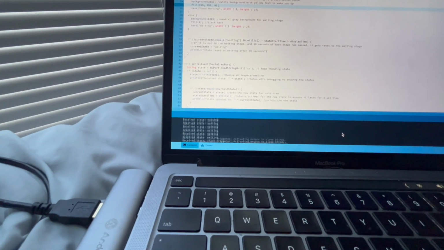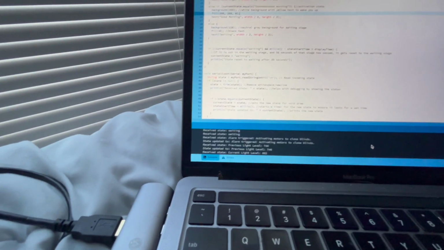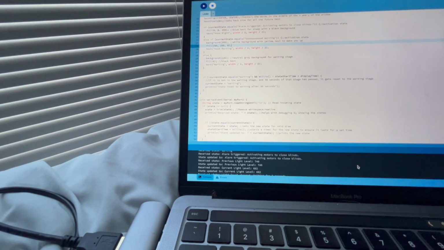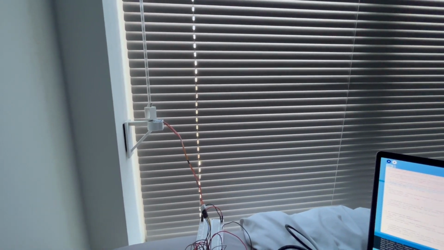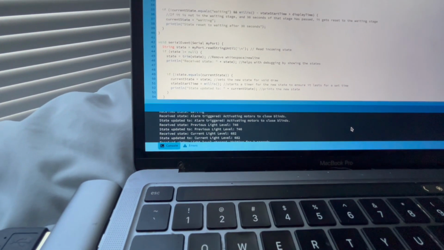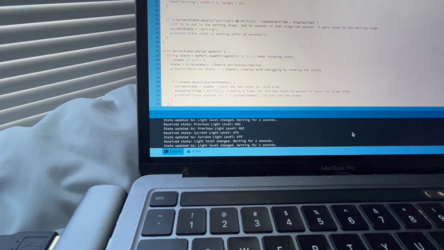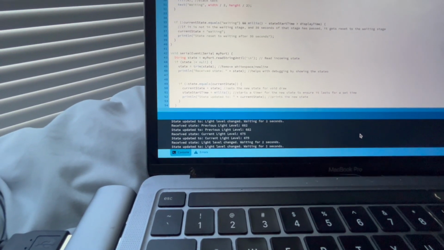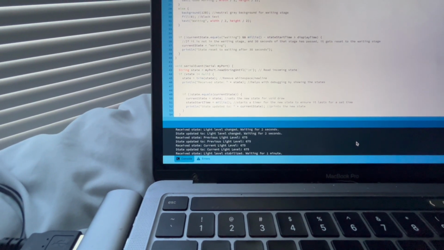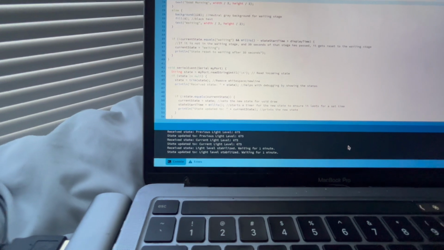So you can see here, it had a previous light level of 746 when it started. And when I say when it started, I mean after the initial 2.5 rotations. Then it dropped down to 682. It spun 45 degrees again, and then it dropped down to 675, and then it did it one more time, and it stayed at 675, so then it stopped and it waited for a minute to get out of the code.